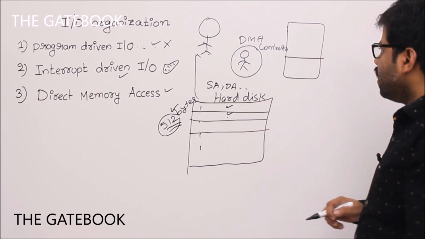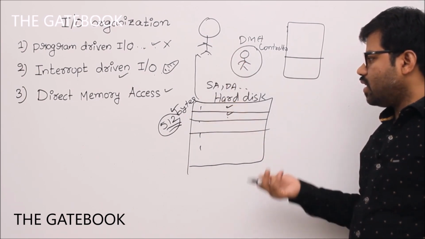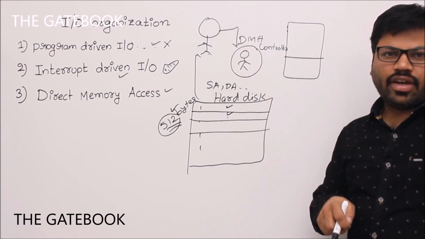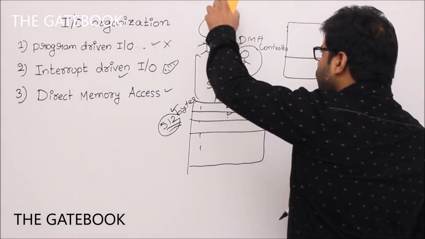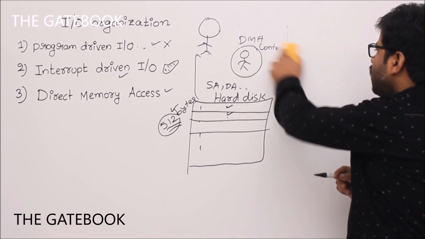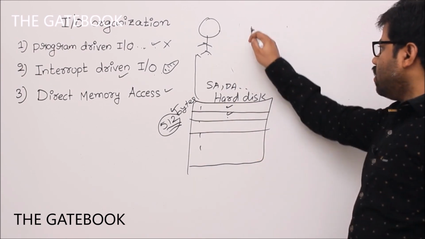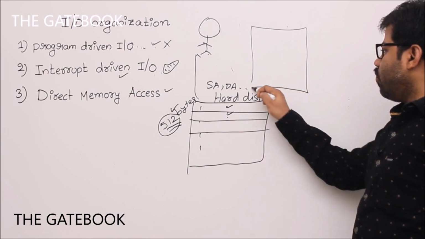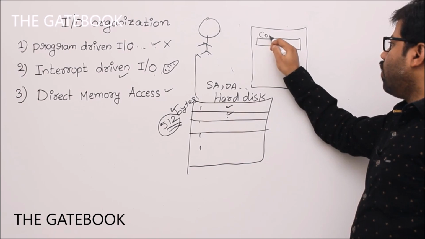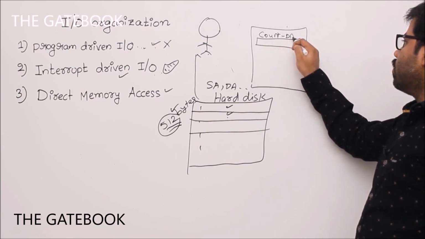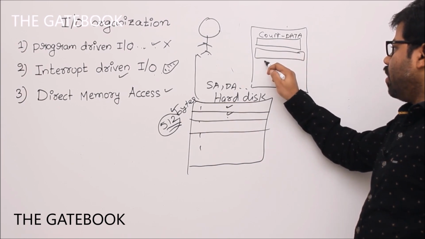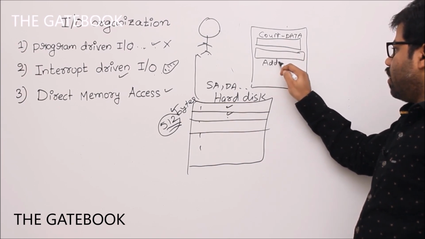Now after that, rather than wasting its time, the CPU will give the control to DMA. If you focus on the DMA controller, it will have some set of registers again. One register can remember the count of the data, the data count, and one is for the address.